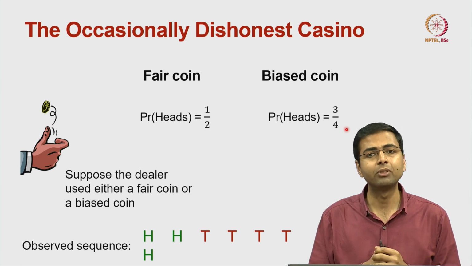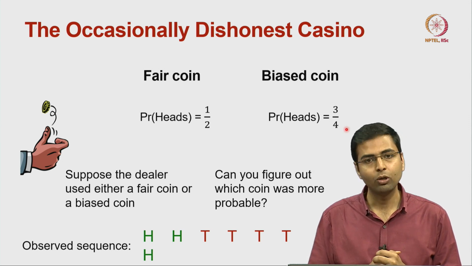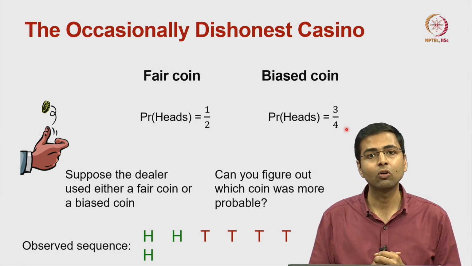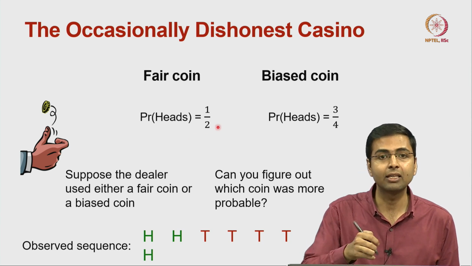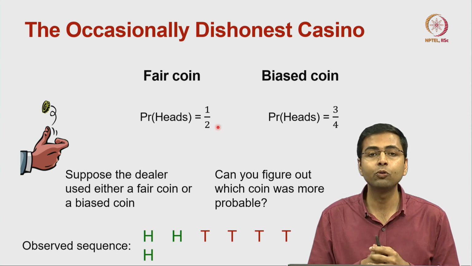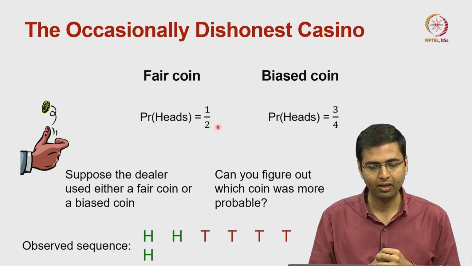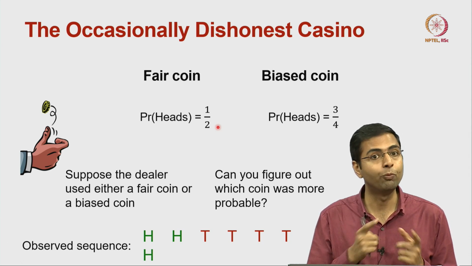Given this observed sequence, can we figure out which of the 2 coins is more likely, that is whether the dealer used the fair coin or the biased coin? How will you address this question, or which one will you pick?